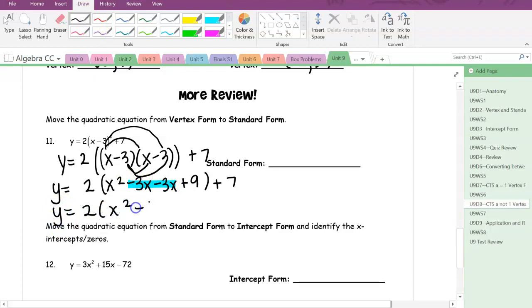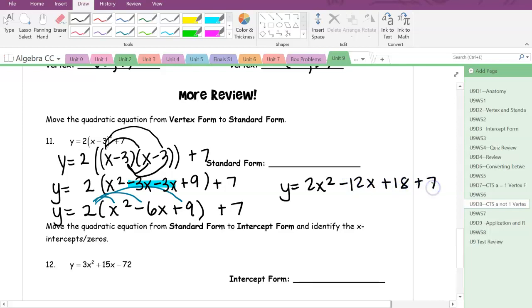So that's an x squared minus 6x plus 9 plus 7. And when you distribute, make sure that your 2 only goes to what's in the parentheses. So 2x squared minus 12x plus 18. And then you've got this plus 7, which will combine to give us 25. All right, so there is your standard form.